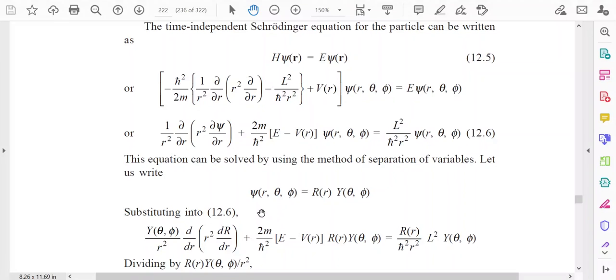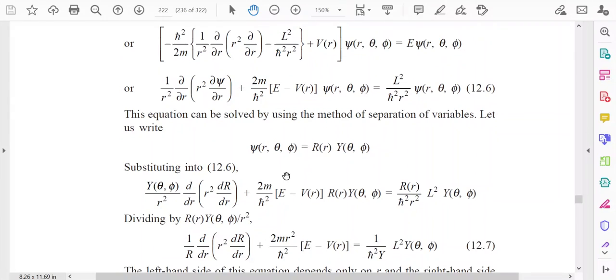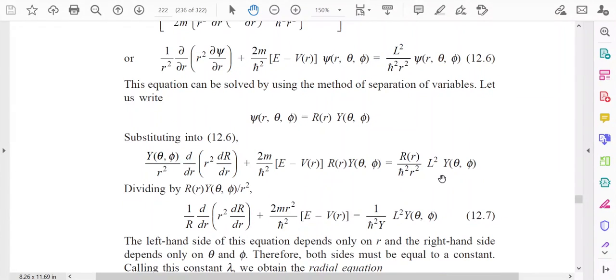Now if we set psi equal to R times Y and substitute it in the previous equation, then after a little rearrangement we get this equation, equation 12.6.